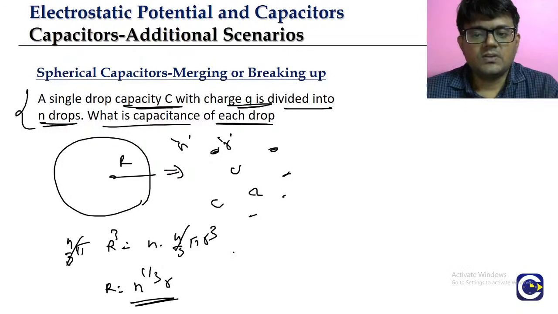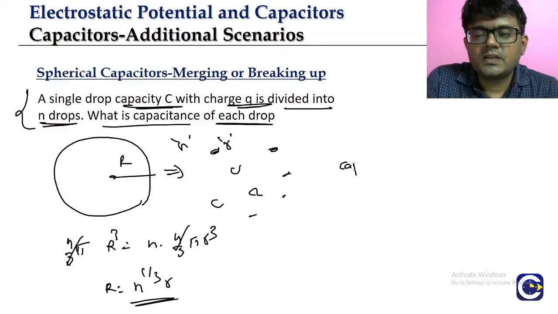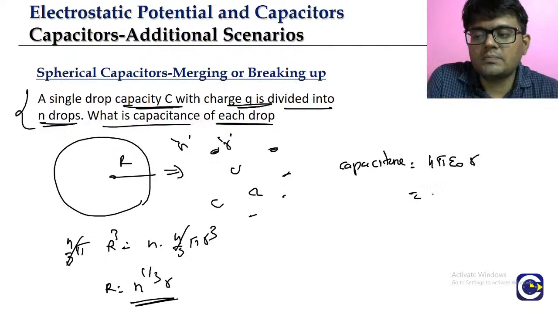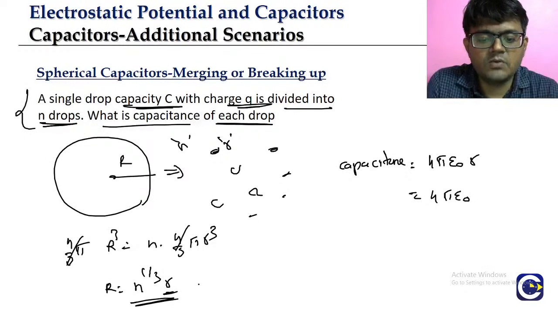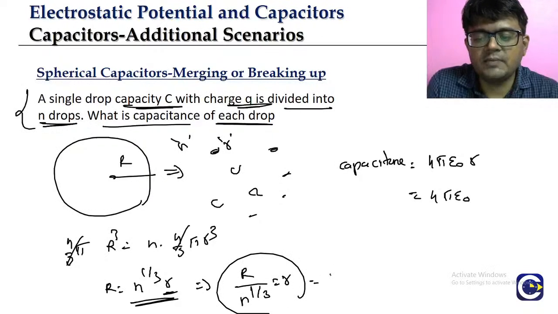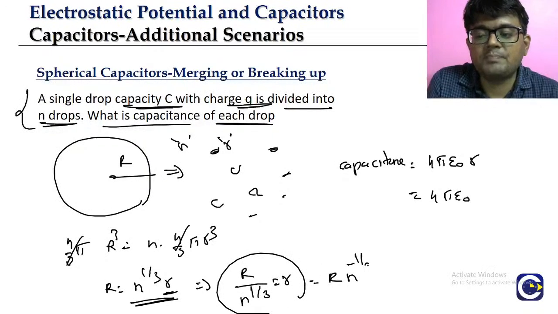Capacitance of the smaller drops. Capacitance is equal to what? 4 pi epsilon naught into small r. Now what is small r? Capital R by n power 1 by 3, that is small r. Then we can write it like this: capital R into n power minus 1 by 3.